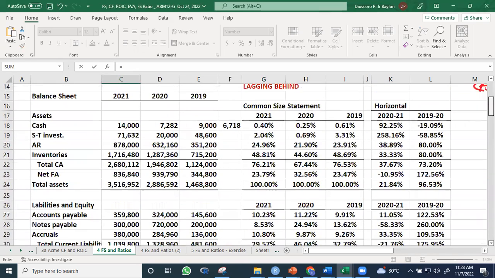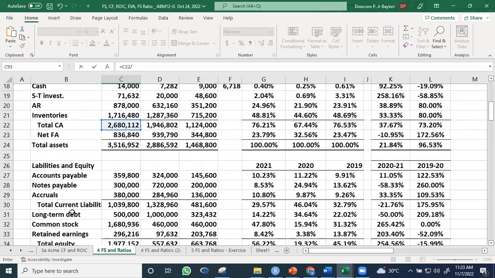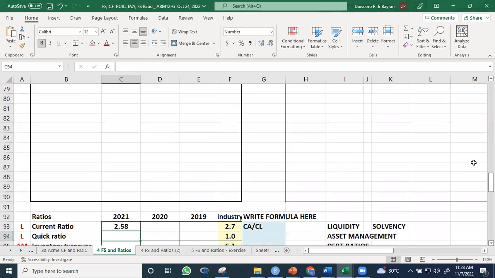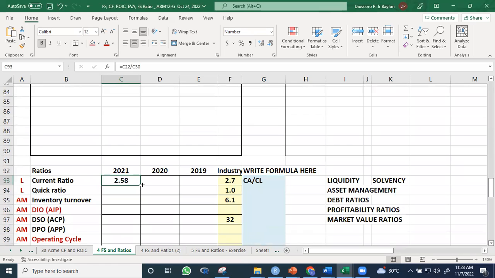So for 2021, this is the total current assets and then divided by the total current liabilities. So ito yung dinidivide natin. Okay? So we have 2.58 and then, okay, copy natin to the right. All right, and then once again, class, I'd like to pause and ask if you were able to follow.